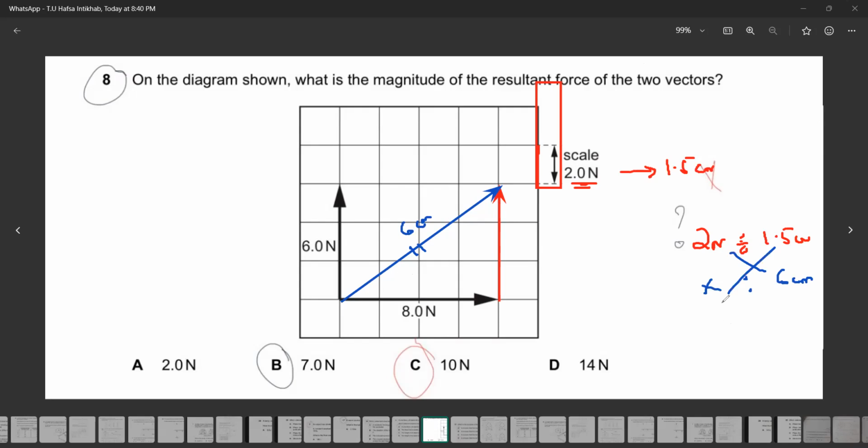Just cross multiply, you will get the answer. So using a ruler, you will first find what 2 Newton stands for. How many centimeters are 2 Newton? Then use a right angle triangle method, find the resultant, measure the length of the resultant and convert it into the final answer. Is this clear?